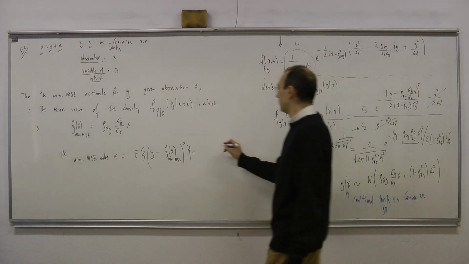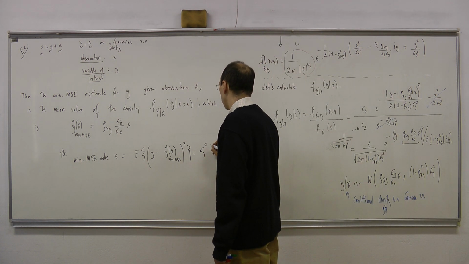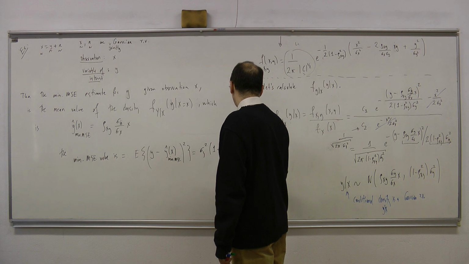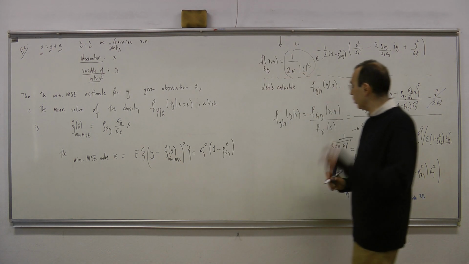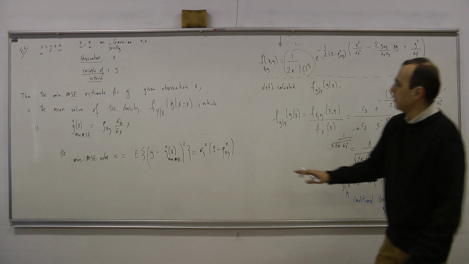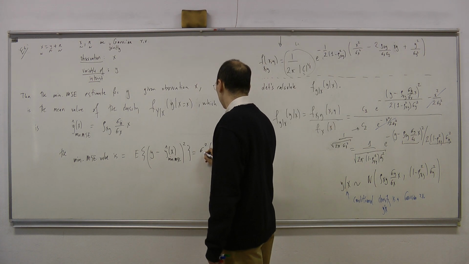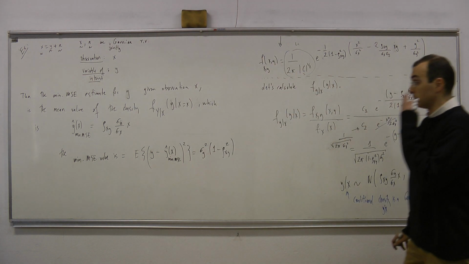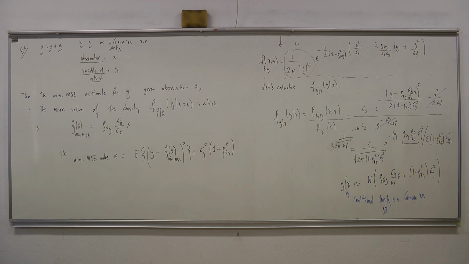Okay. Sigma y square times 1 minus the correlation coefficient squared. This is y minus this. Okay. So how can I see that one?